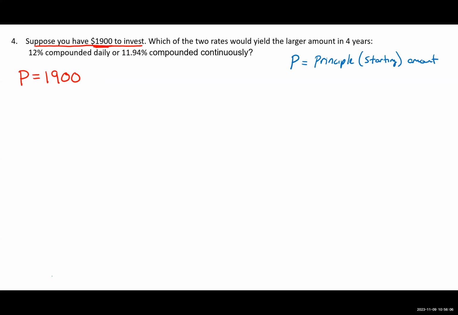It also depends on the percentage rate. Well, what are you being charged? What percentage of your principal is being charged? Well, it's the annual interest rate. So for interest rate, I'm going to use lowercase r.